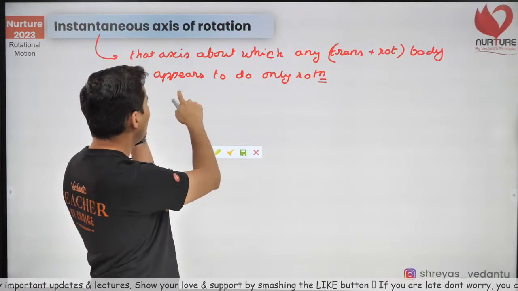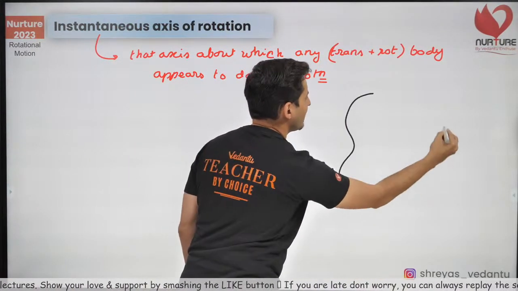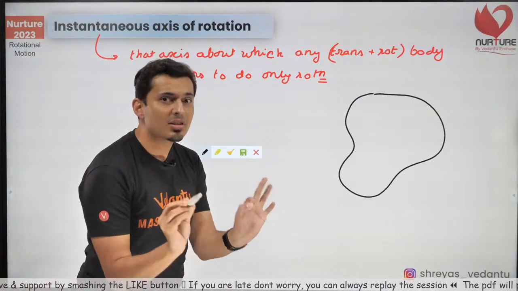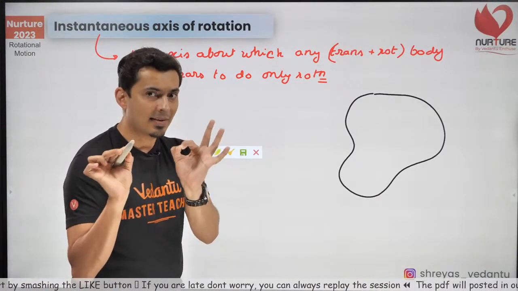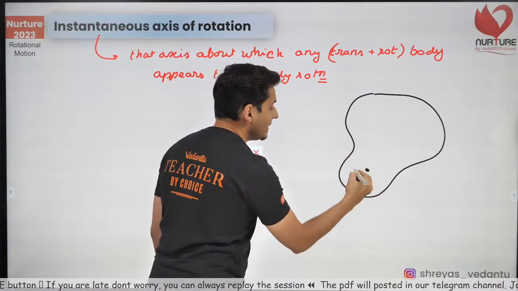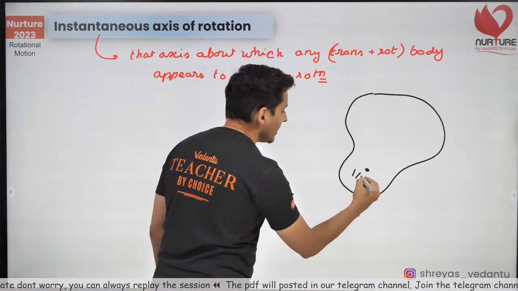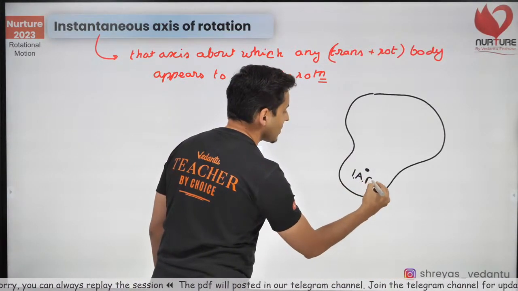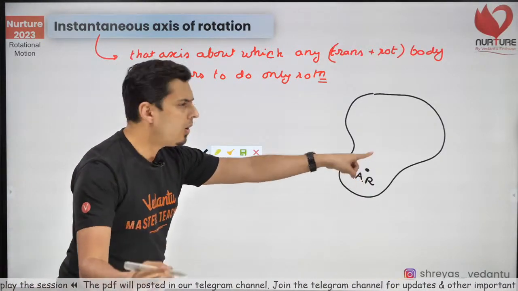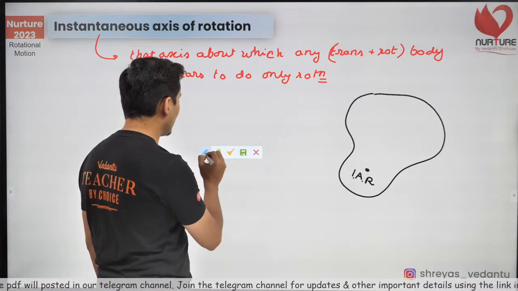Just imagine, by definition, it appears to do only rotation. So imagine this is our body. If suppose this is the instantaneous axis of pure rotation, then all the particles in that body will go around circles around that point.